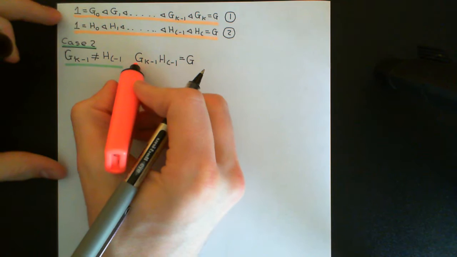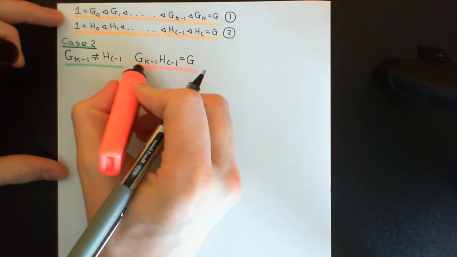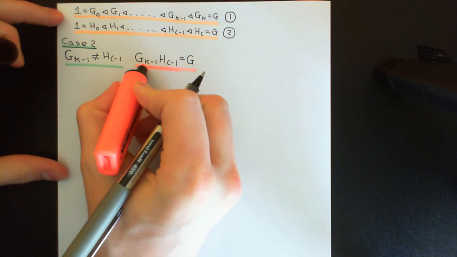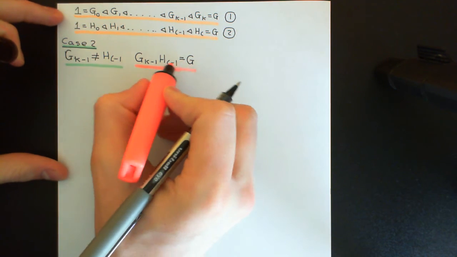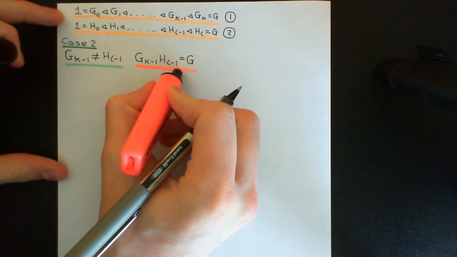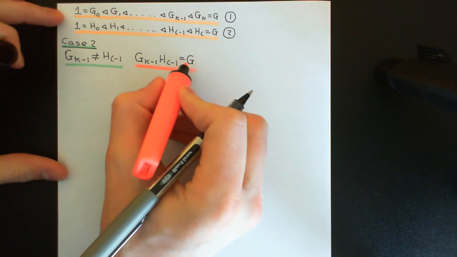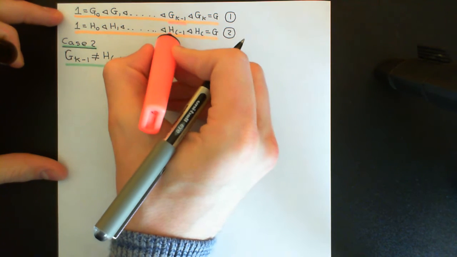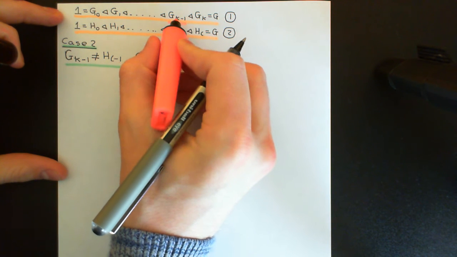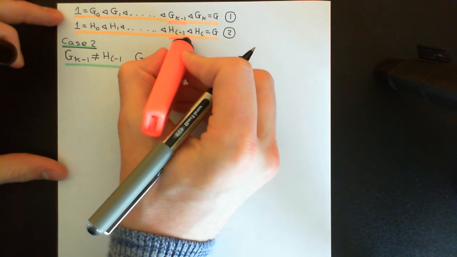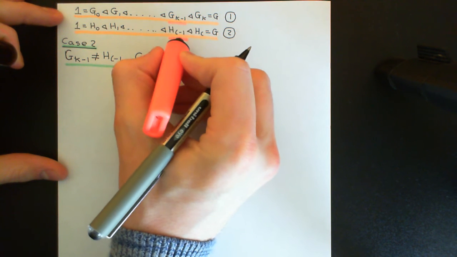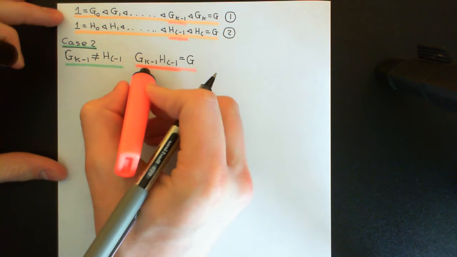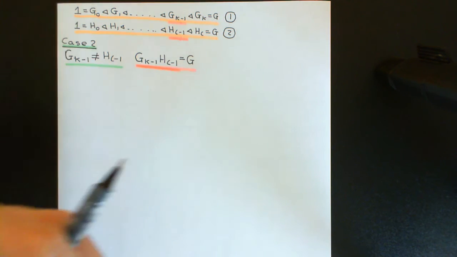I'm going to show firstly that this product is a subgroup of G. That's very easy. I then want to convince you that it's a normal subgroup of G, and that it will contain both of these subgroups G_{k-1} and H_{l-1}. Since those are maximal normal subgroups, that must imply that this is the improper subgroup.